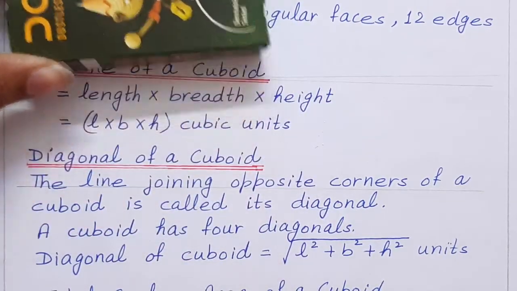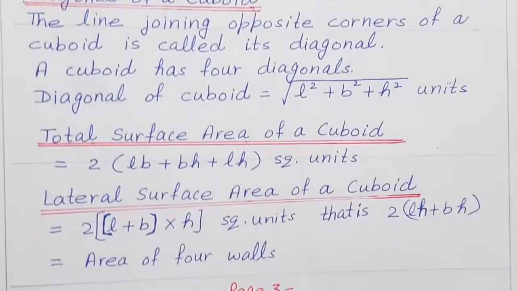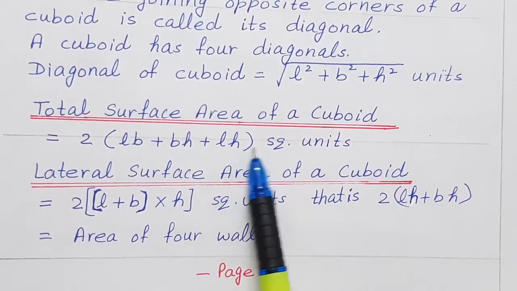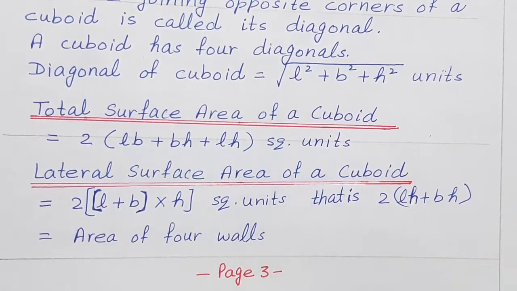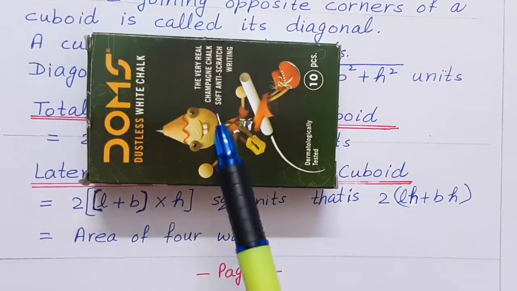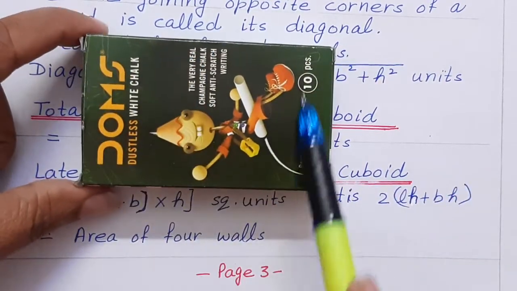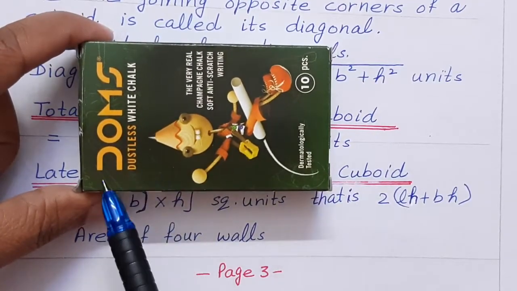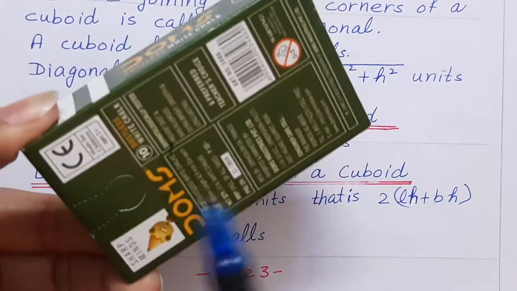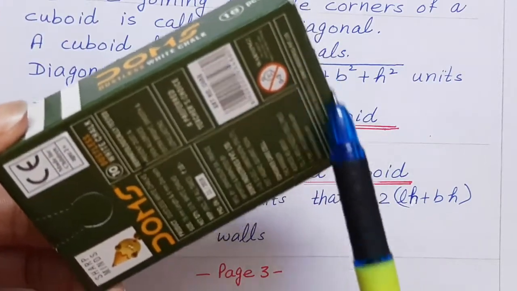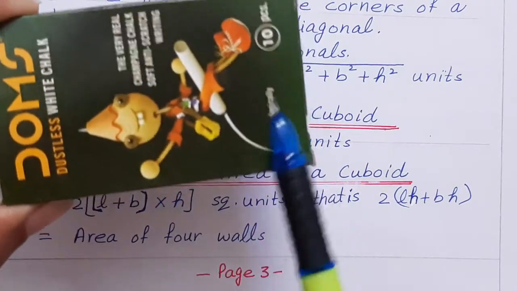Now let us discuss the total surface area of a cuboid. How to find total surface area? That is the area of all the 6 faces. Now what is the area of the top? Length into breadth, and bottom also length into breadth. Clear? So 2 times LB.